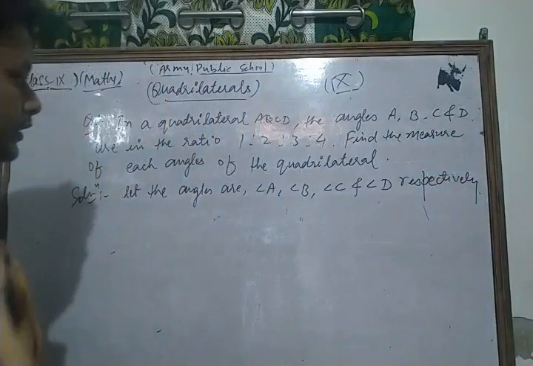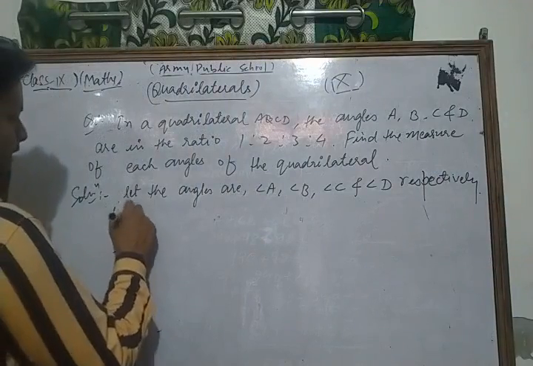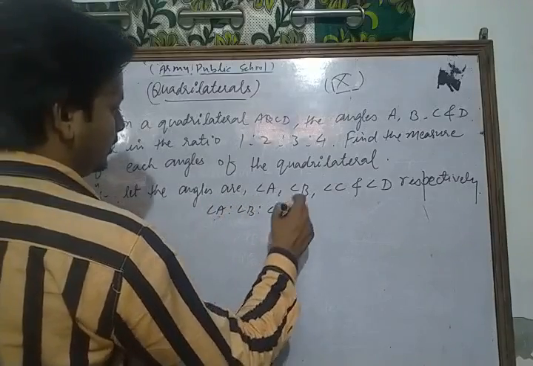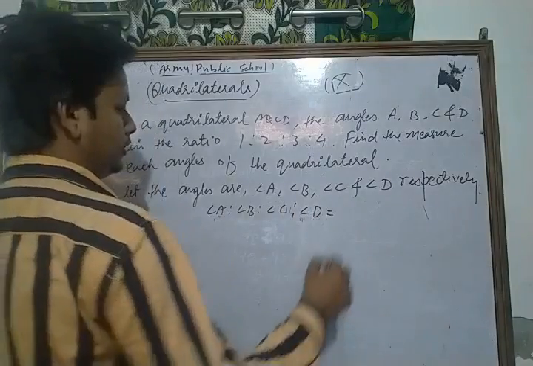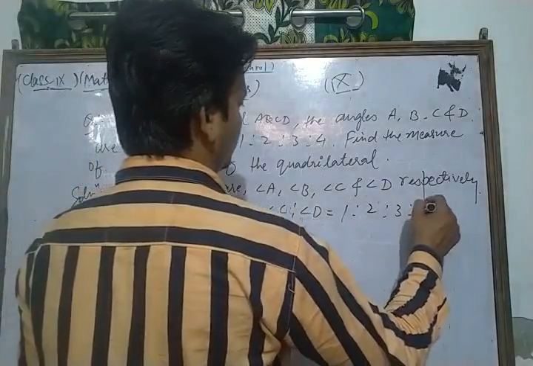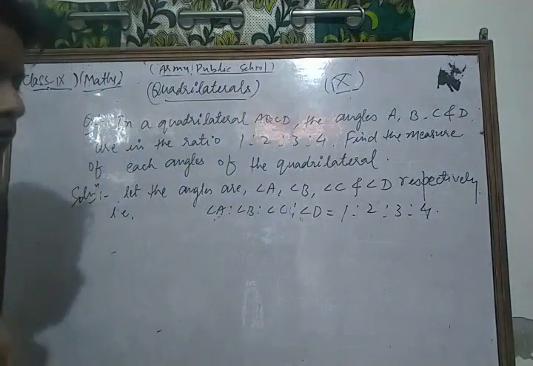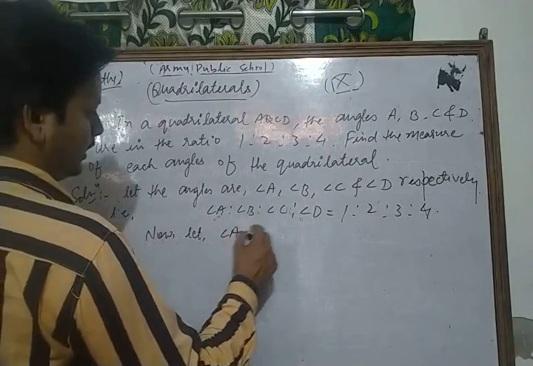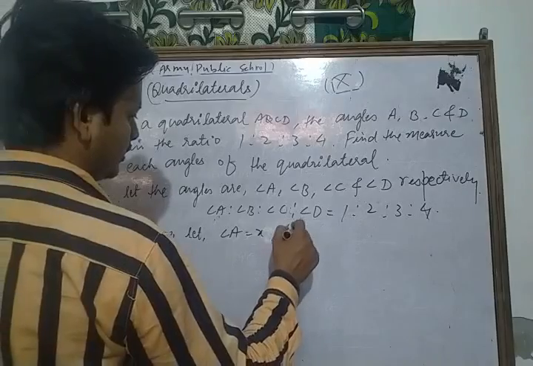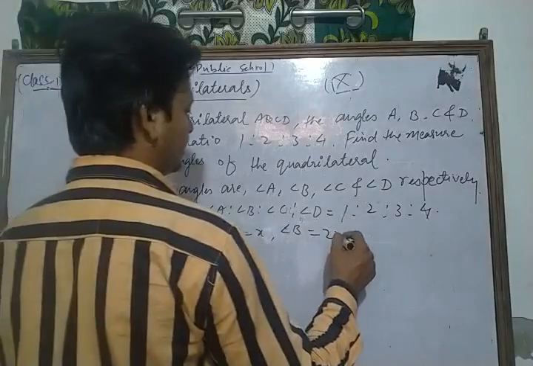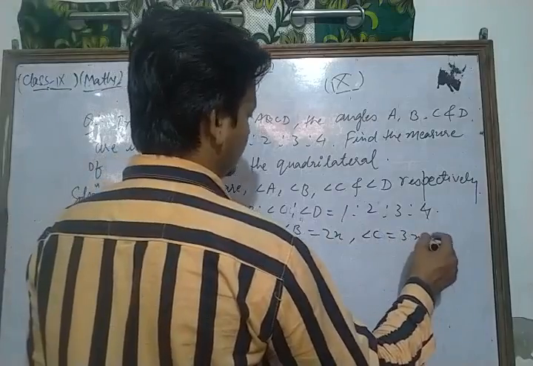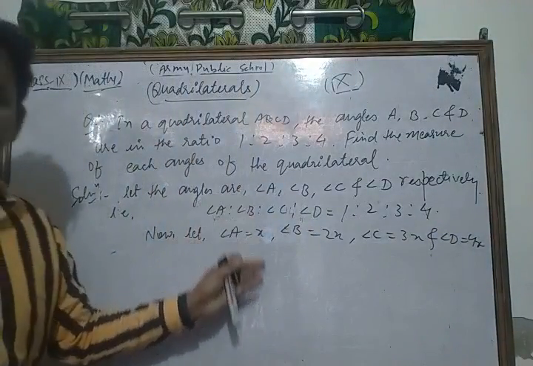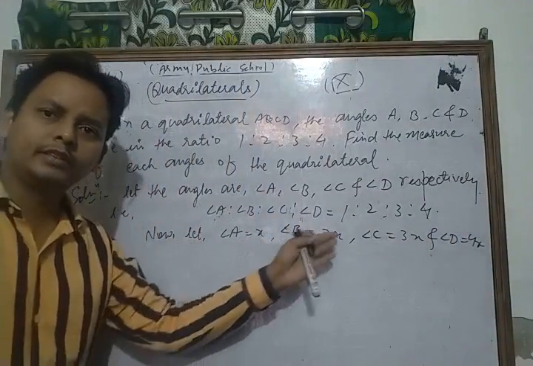Now the ratio is 1:2:3:4. Let angle A be equal to 1x, angle B equal to 2x, angle C equal to 3x and angle D equal to 4x respectively. Okay, this is the method to solve that type of question.